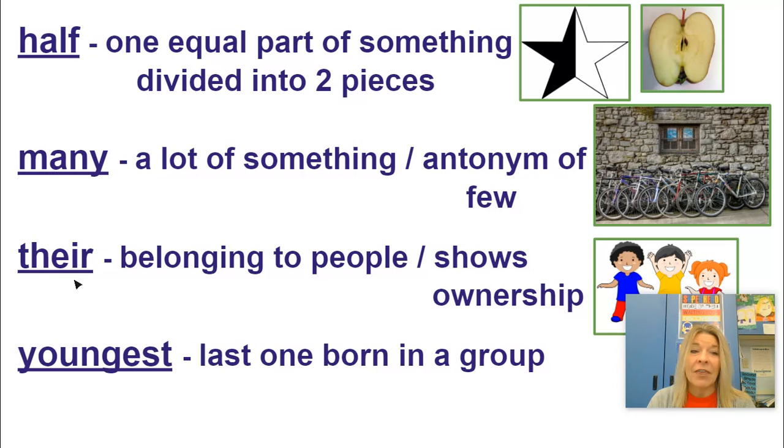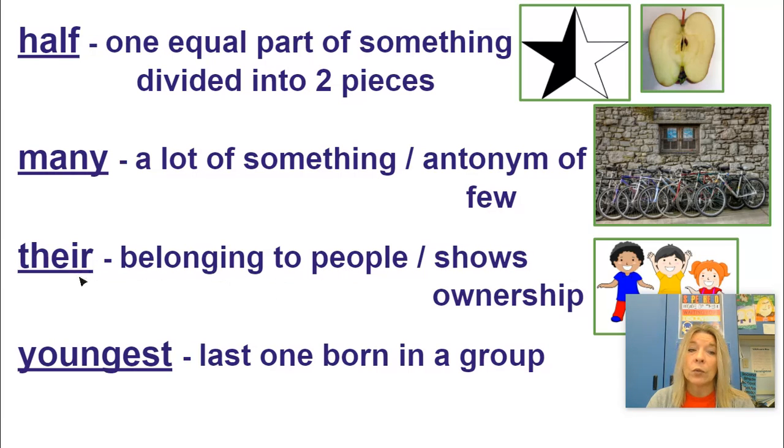The next word is their. Can you say that one? This one is tricky. This their has the letter I in it. And the way I remember it is when the word their has an I in it, it shows ownership. It's belonging to people.